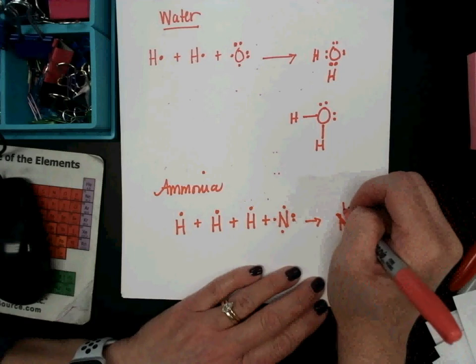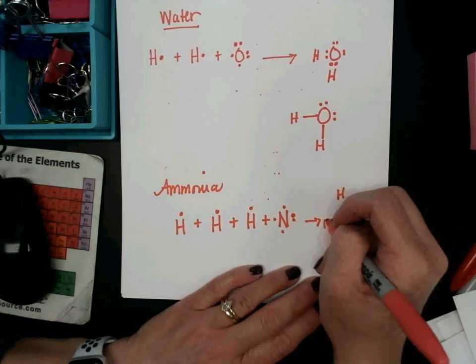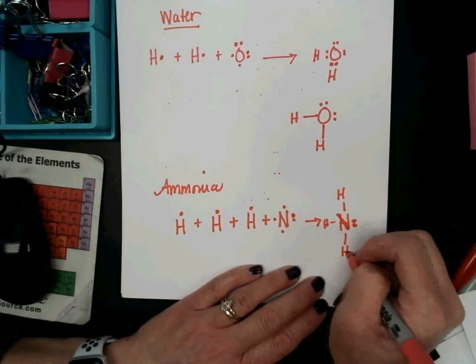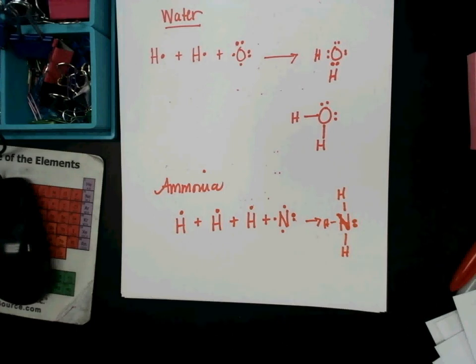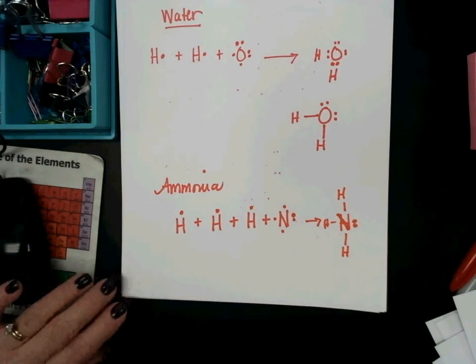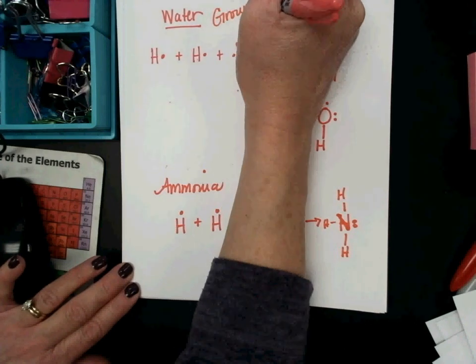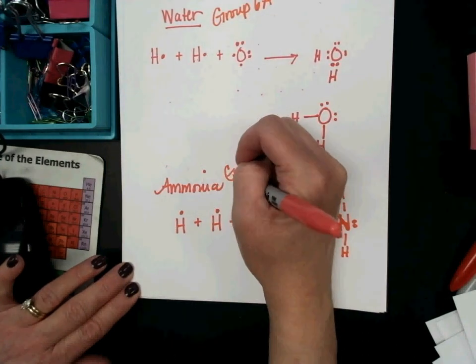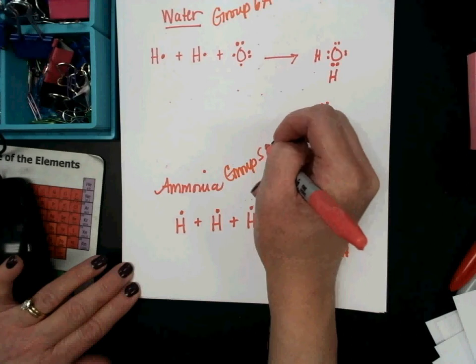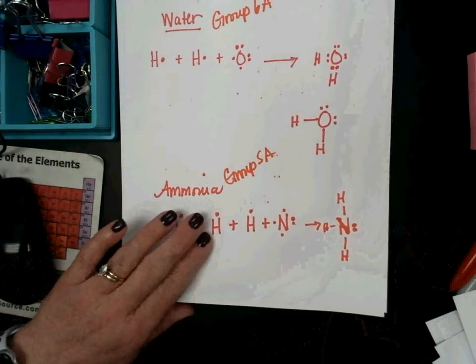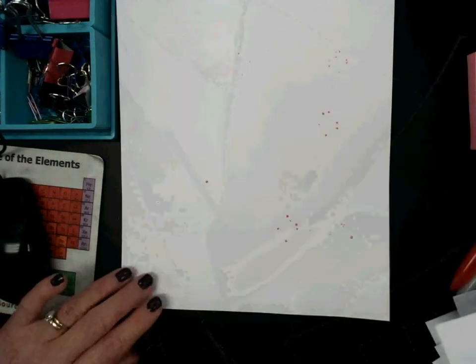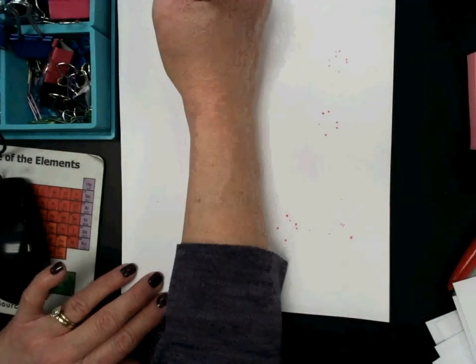And then I would end up with N, with my 2 electrons over here, single bond H, single bond H, single bond H. So this was an example from group 6A. This was an example from group 5A.